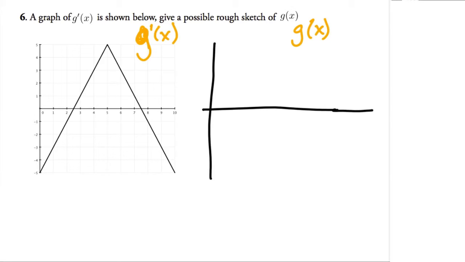Okay, so let's break it down one step at a time. Remember that, let's break down the positive and the negative aspects of it. So here, because it's negative from 0 to 2-ish, that means that this one is going to be decreasing.